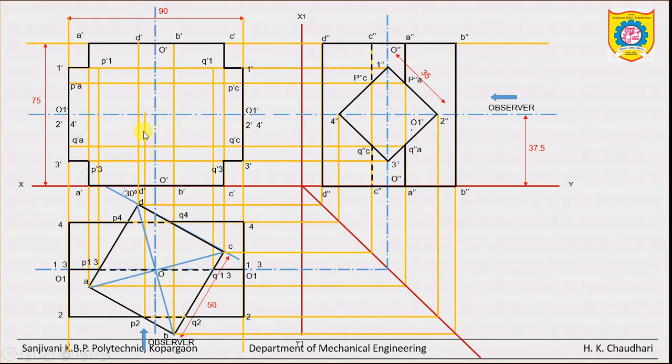Take the projection on horizontal line 2: this point is P dash 2. Similarly from this side, by taking the projection from Q2, this point is Q dash 2. Now observe carefully the portion from P double dash A to point number 2. This is the inclined one.